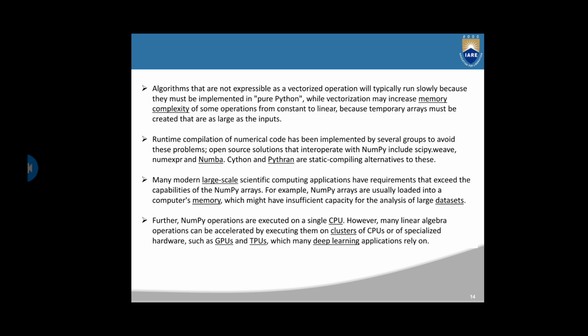Runtime compilation of numerical code has been implemented by several groups to avoid these problems. Open source solutions that interoperate with NumPy include scipy.weave, numexpr, and Numba. Cython and Pythran are static compiling alternatives to these.